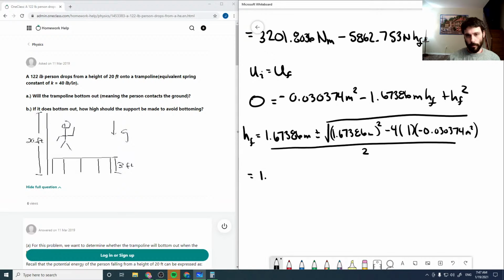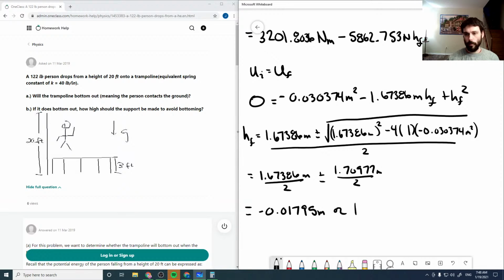Which is equal to 1.67386 over 2 plus or minus 1.70977 over 2, which is minus 0.01795 or 1.691815. And so these two solutions correspond to the bottom and top solution.